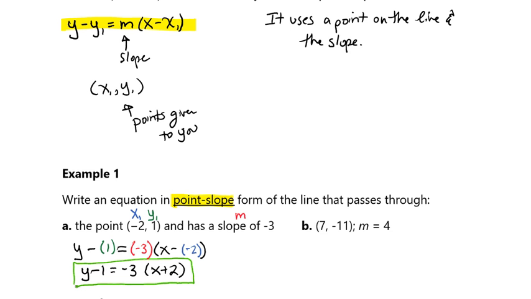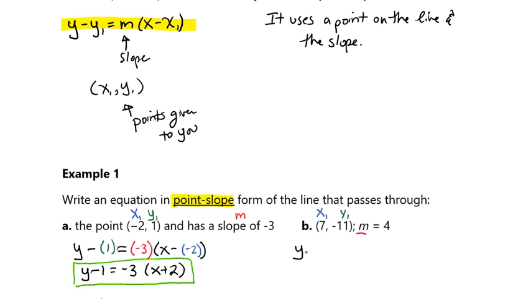Let's try another one. So here we've got 7, -11 is our point. So this will be our x1, and this will be our y1. And it gave us our m value of 4.